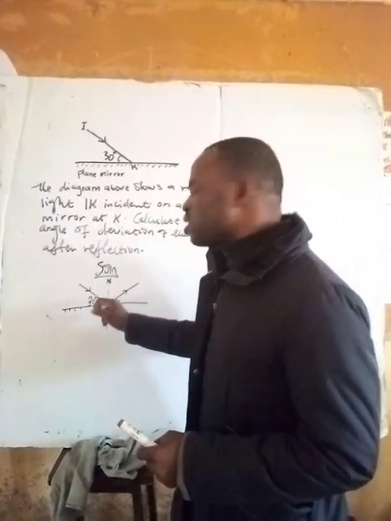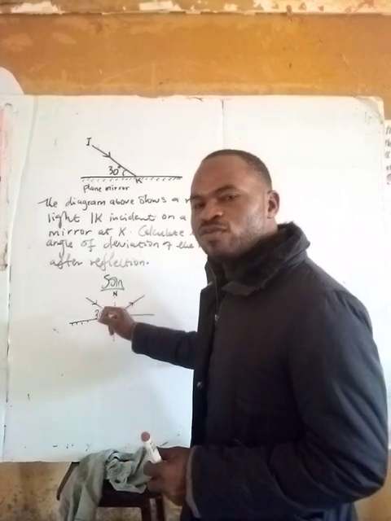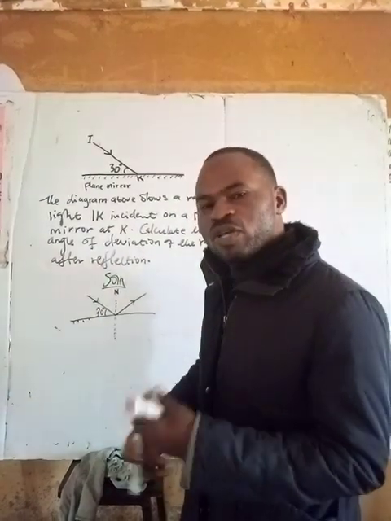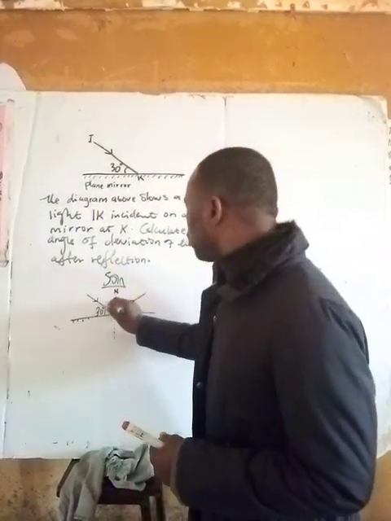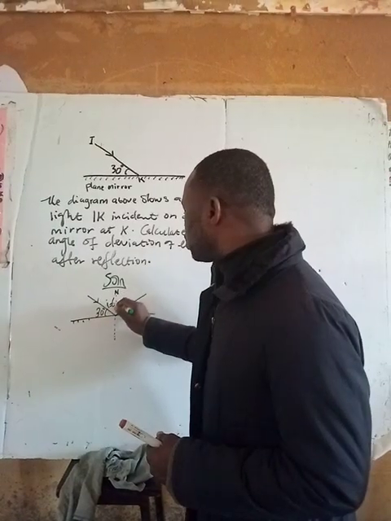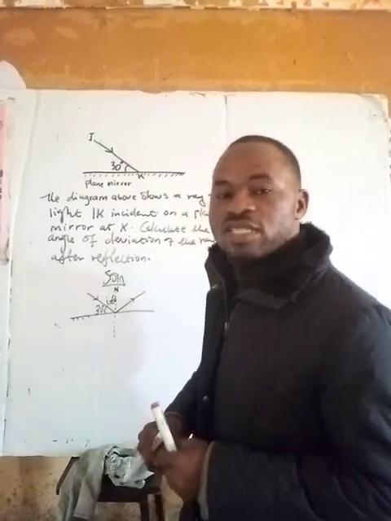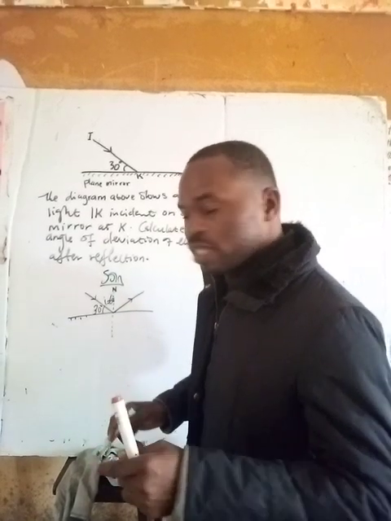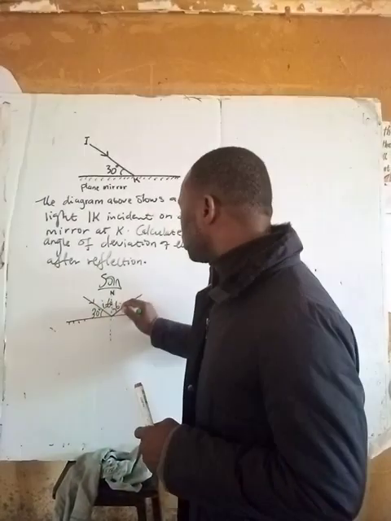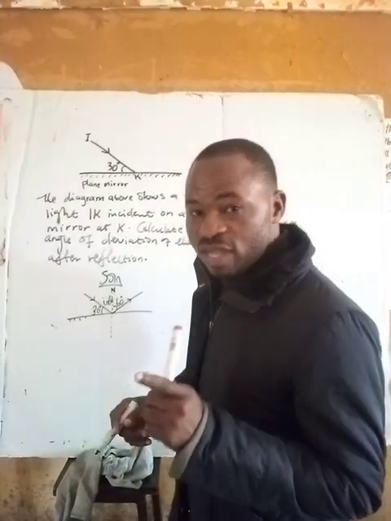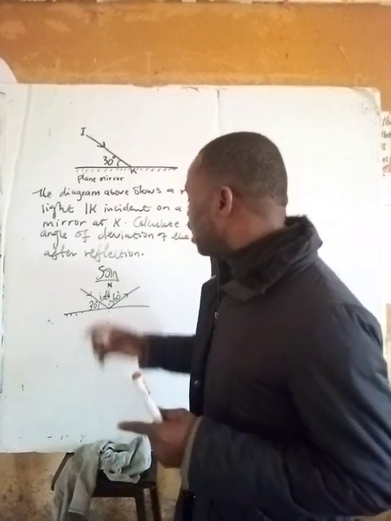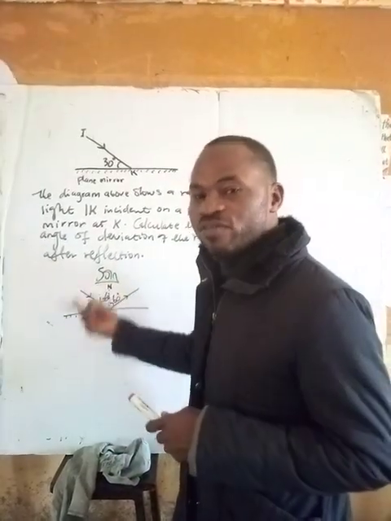So if we subtract 30 from 90, we are going to obtain 60. It means the angle of incident i is equal to 60 degrees. If the angle of incident is 60 degrees, of course, definitely the angle of reflection would be 60 degrees as well. Why? The law of reflection states that the angle of incident is equal to the angle of reflection.